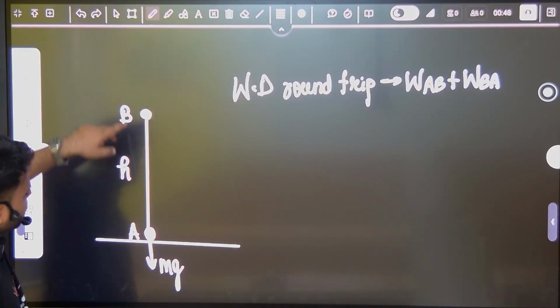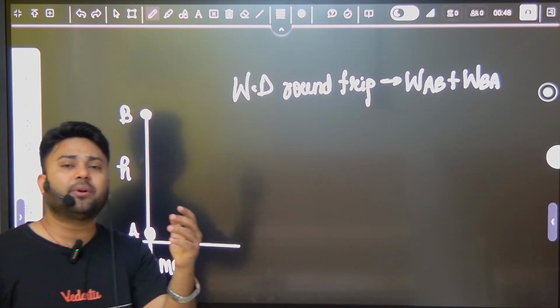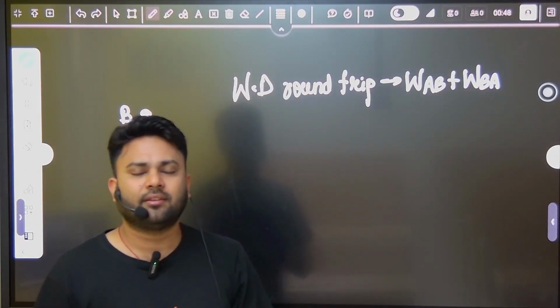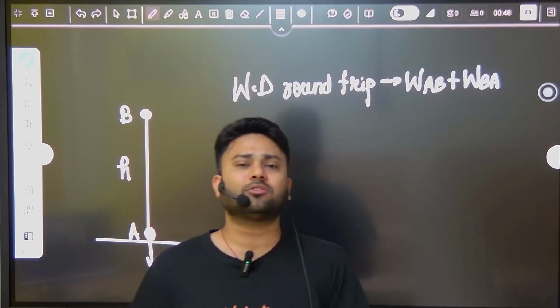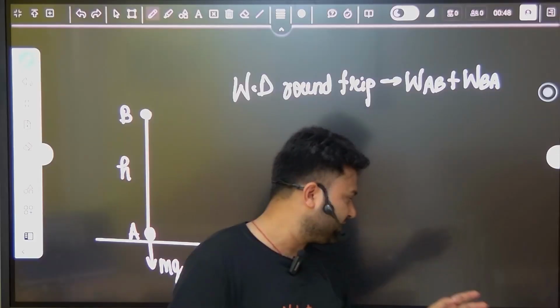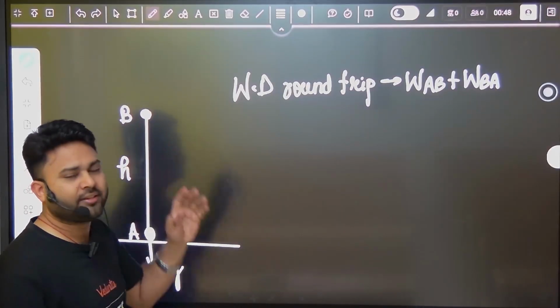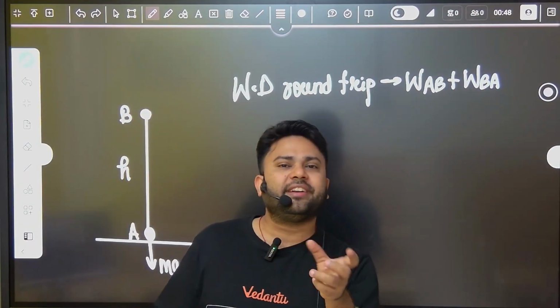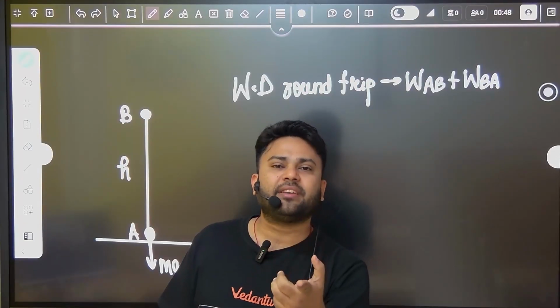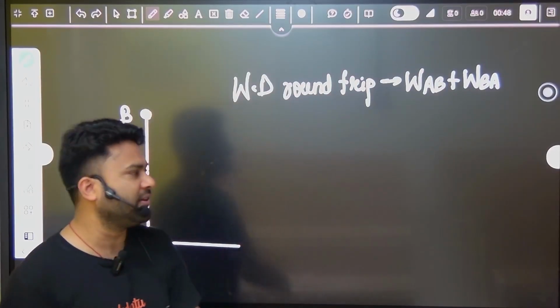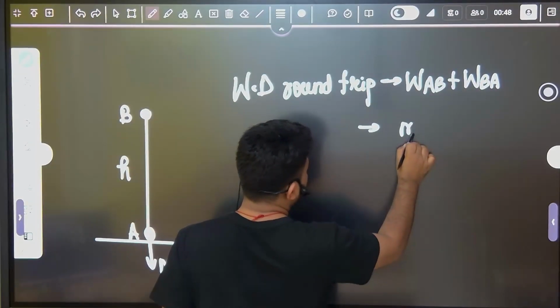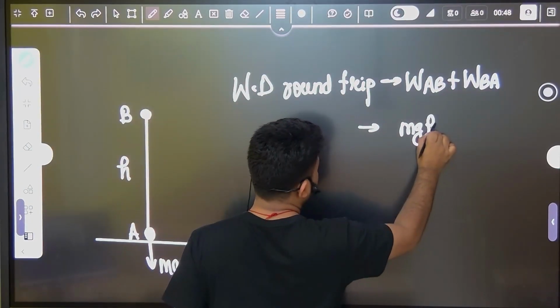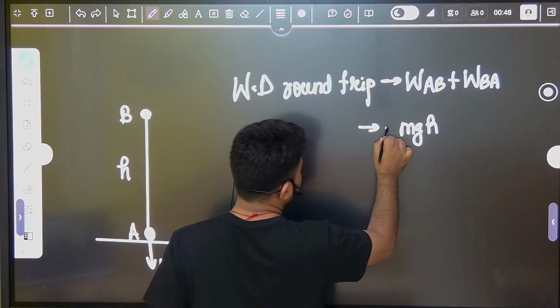But displacement, when it is going up, is in the upward direction, just opposite direction. So what is the work done? Force multiplied by displacement multiplied by cos of angle between them. So force is mg, displacement is h, angle is 180 degree. So cos of 180 degree is minus 1. So work done will be mg, displacement is h, cos of 180 degree, that is minus 1.